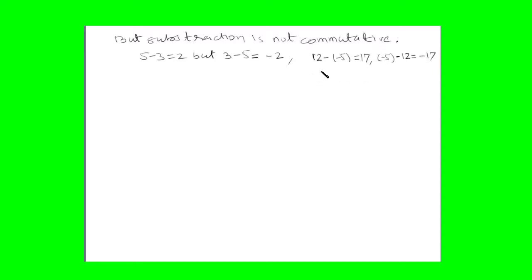So in both the cases we find that we cannot interchange the position of the integers in case of subtraction. So we can write that if two integers a and b are there, a minus b is not equal to b minus a. Hence, subtraction is not commutative.